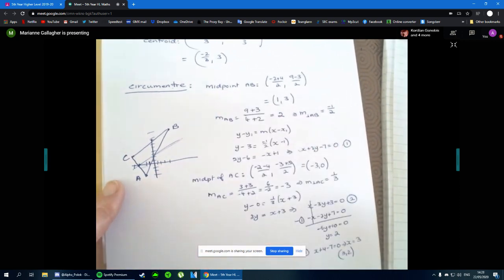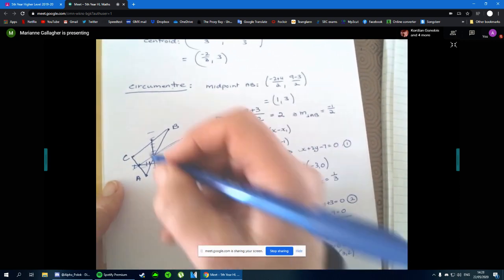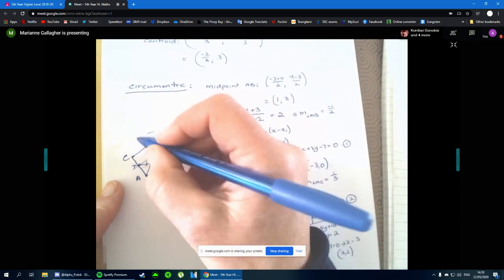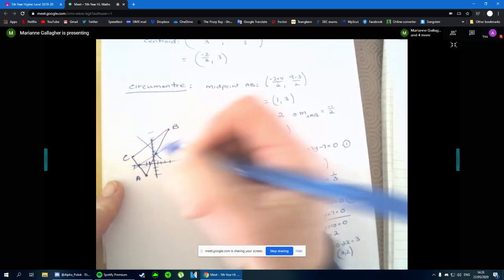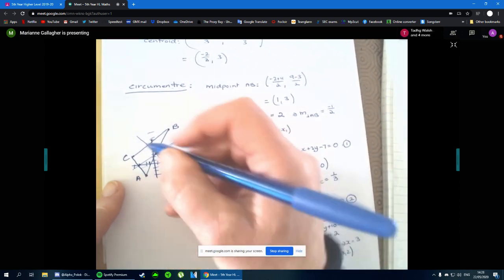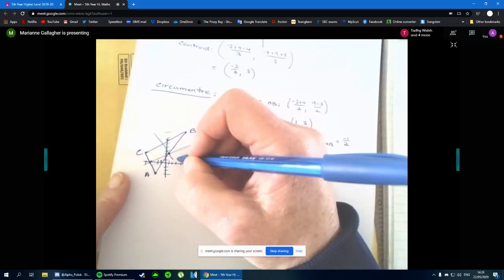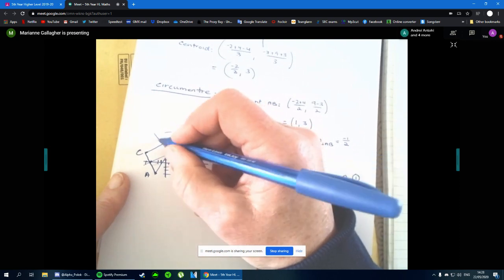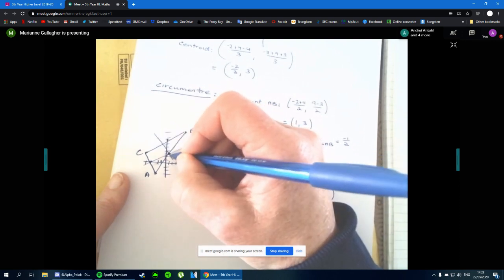We found the midpoint of AB, 1, 3, which is about there, and through that. And where they intersect, 3, 2, about here. Yeah, I'm a little bit off in my drawing. Okay, so they intersect about here.